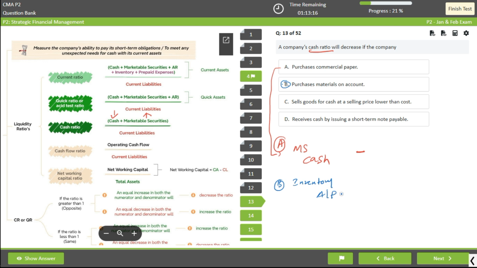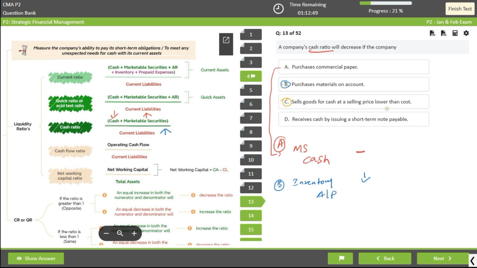Your inventory and accounts payable. Inventory is not there, but accounts payable will. So your current liabilities will increase. So if your current liabilities is increasing, what's going to happen? Your ratio will decrease by option B.